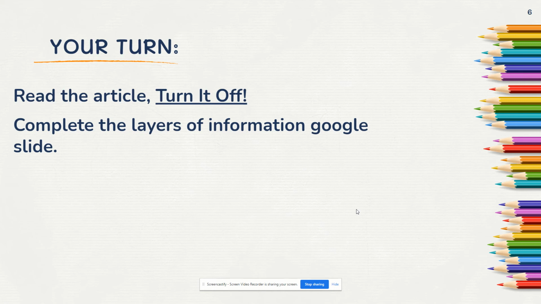Then you want to list the reasons that the author gave that support this opinion. And of course, you'll want to list the evidence into the cone section of your chart that back up the reasons. Whenever you're finished completing the layers of information Google slide, you'll turn it into your teacher.